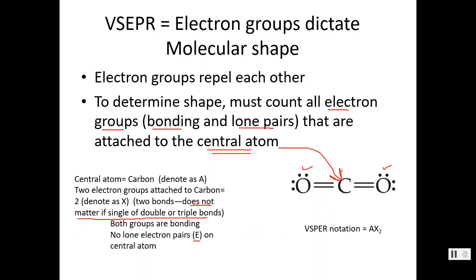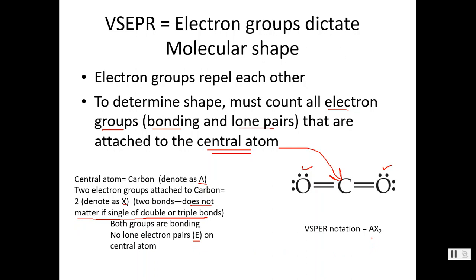This carbon has no lone pairs of electrons on it. Everything that's attached to carbon is bonded via the 2 oxygen atoms. So my VSEPR notation based off of this AXE notation is just AX2. And why is that important?